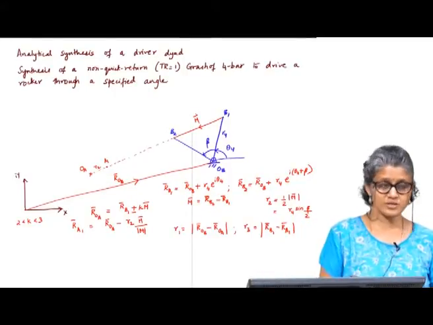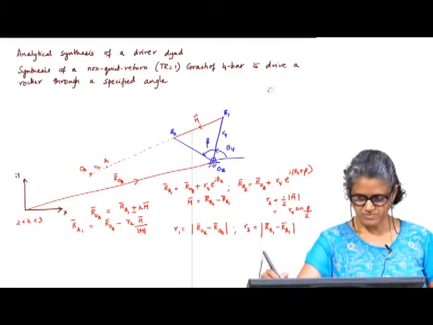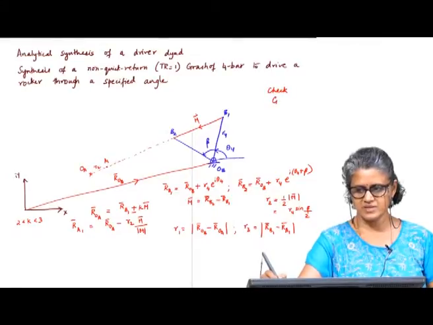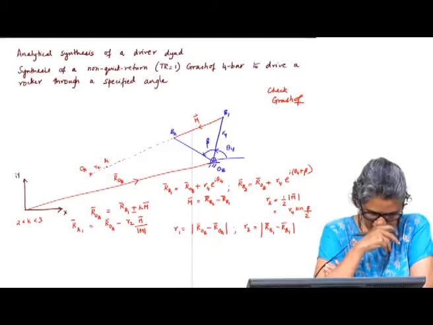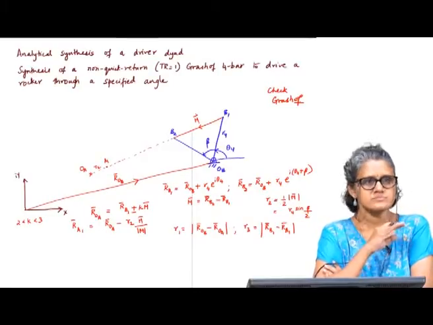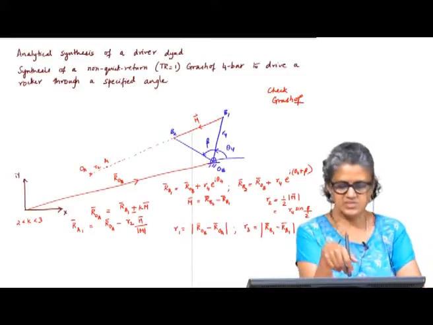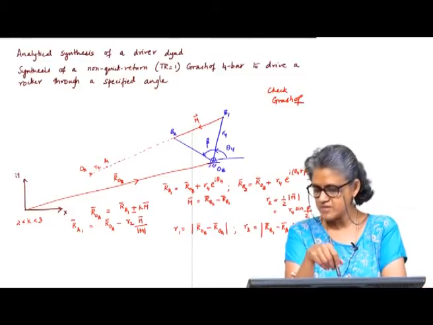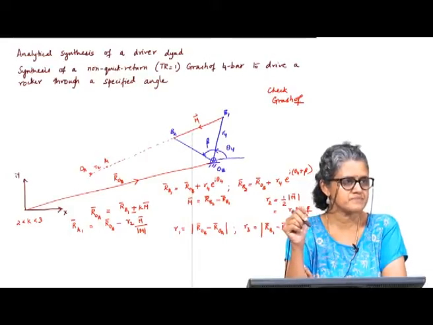Then you check for Grashof, which is very important if you are designing a crank rocker. This analytical synthesis for the driver dyad is given in Norton's book.